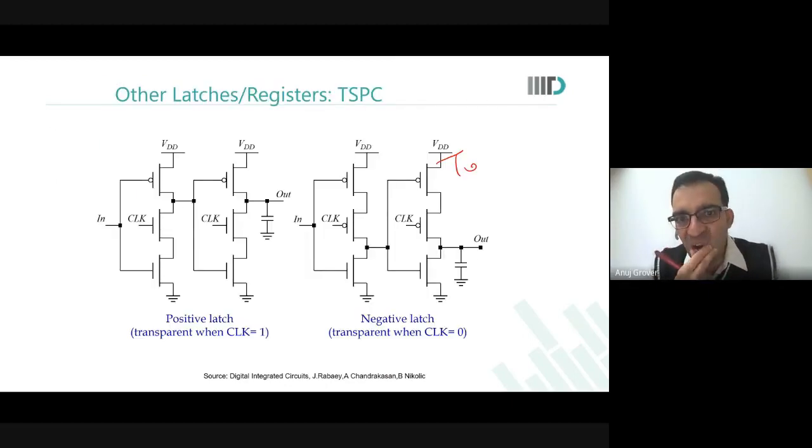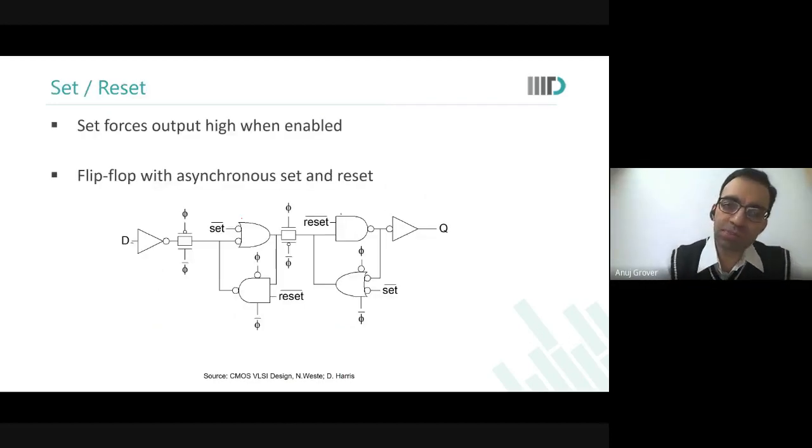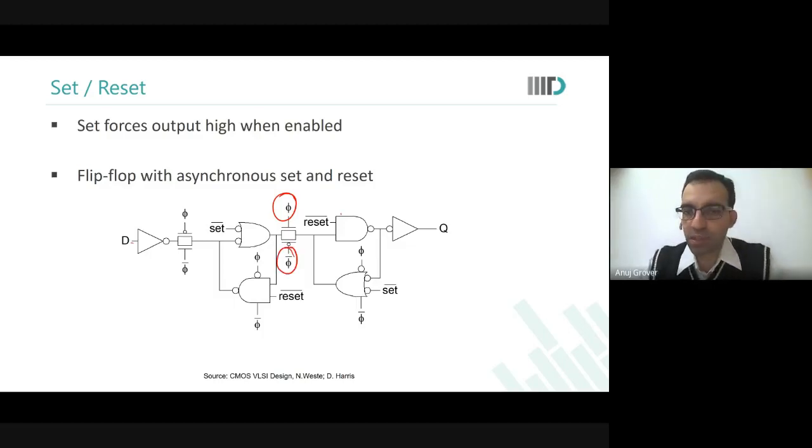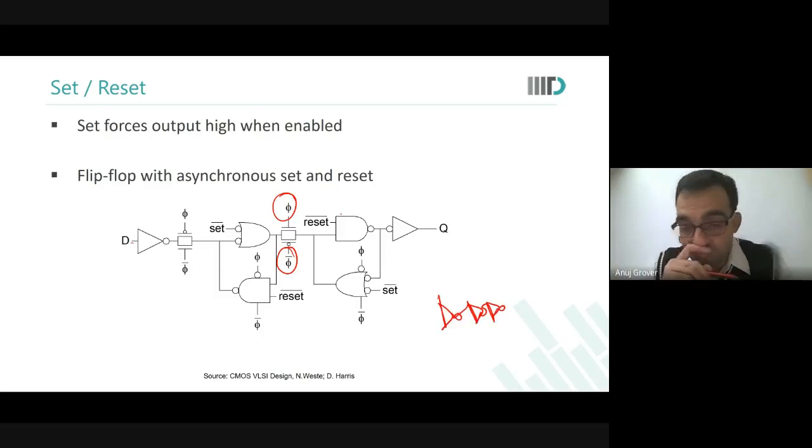So now what we saw till now was that you needed both the clock and the clock bar in your design. So for all practical purposes, you would either have two clock trees running in parallel, or in every flop you will have a set of inverters which will be generating clock bar.